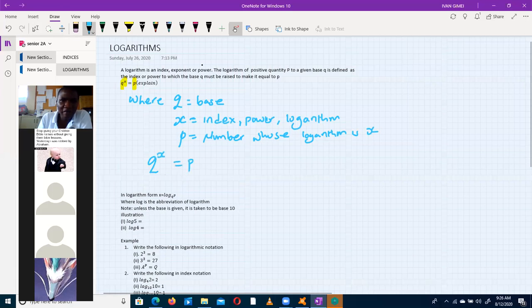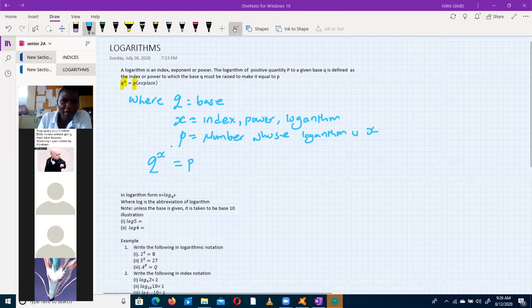In the definition of logarithm, the logarithm of p to base q is defined as the index or the power to which q must be raised to equal p.